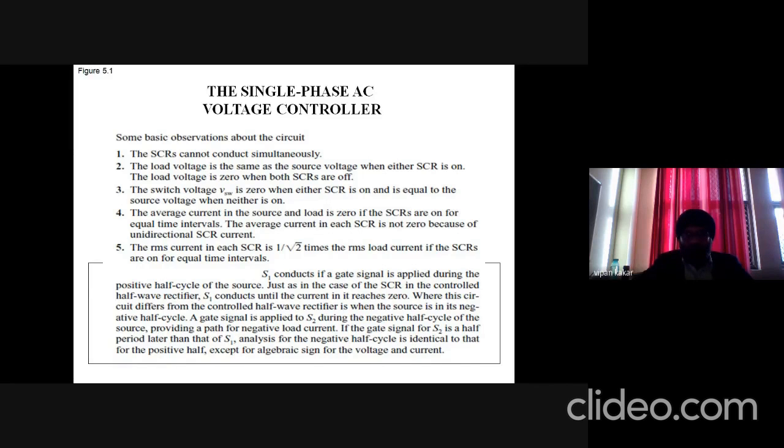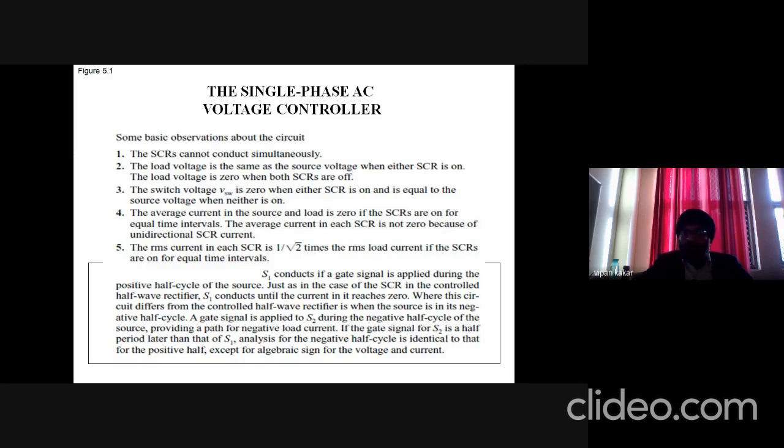The average current in the source and the load is 0 if the SCRs are on for equal time intervals. So if SCR1 is on for a particular time period in positive half cycle, and SCR2 is also on for the same time period in negative half cycle, then we can say that the source current as well as the load current are zero, because the average comes out to be zero.